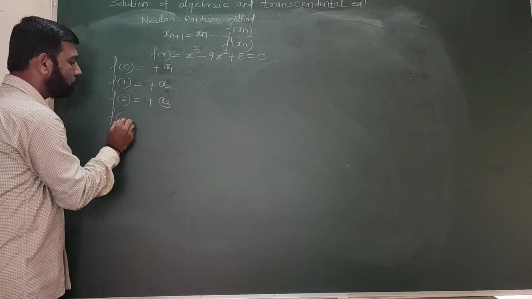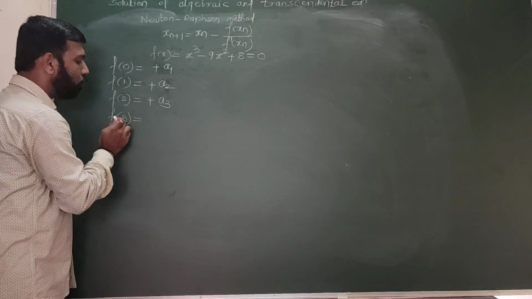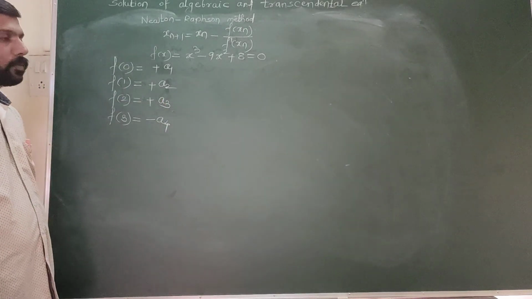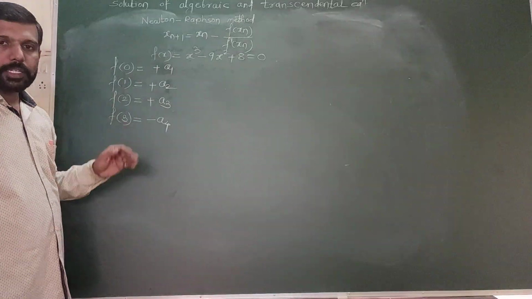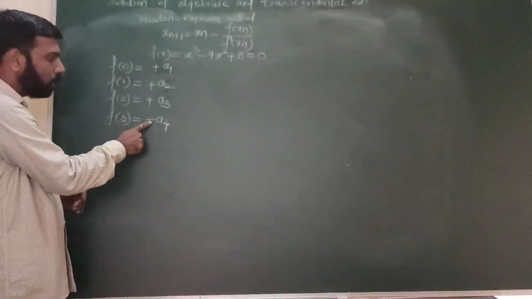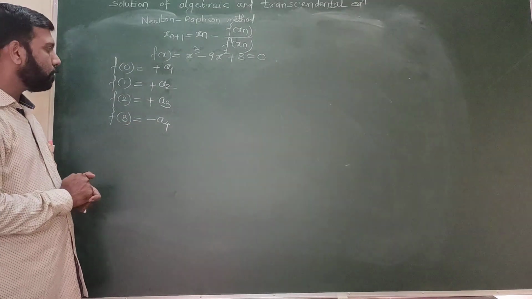But here, at f of 3 we get minus a4. These are any real numbers a1 to a4. The first three values are positive, but the next value is negative.